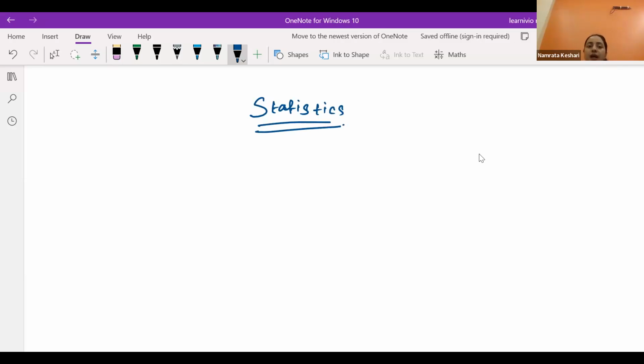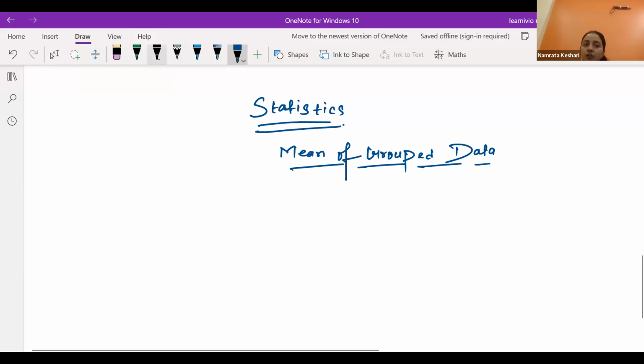Now, at first, we'll be having the discussion of how to find the mean. Okay. Mean of grouped data.